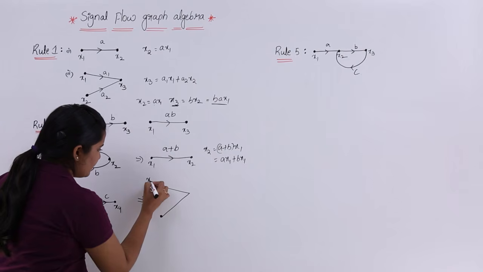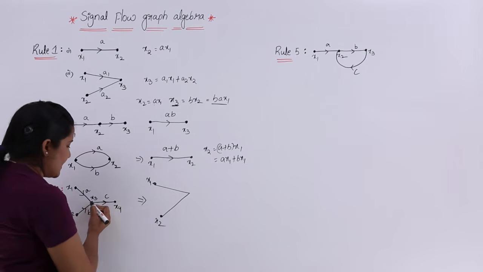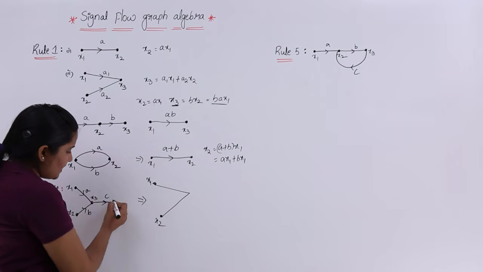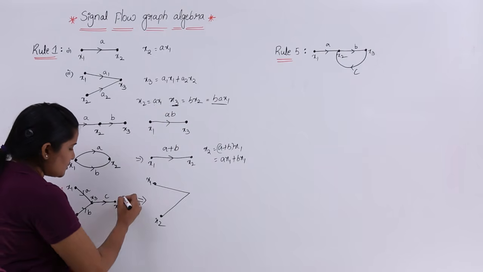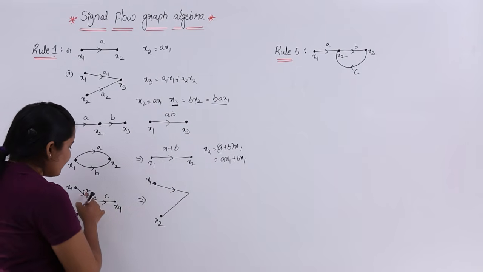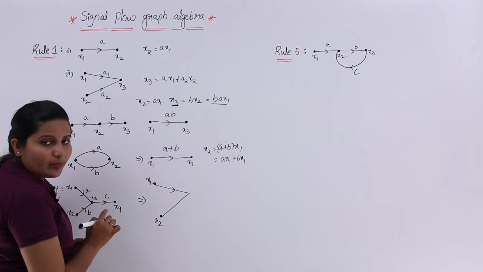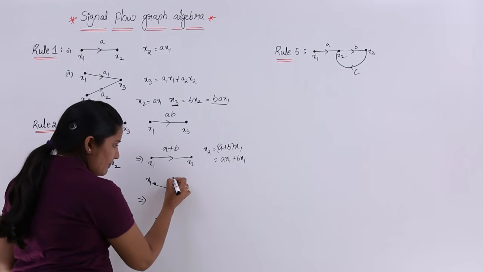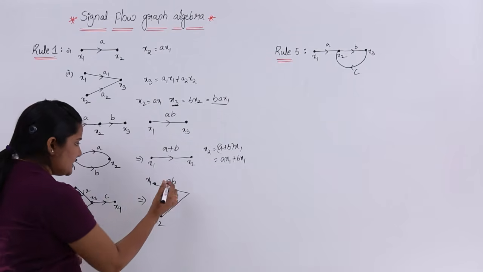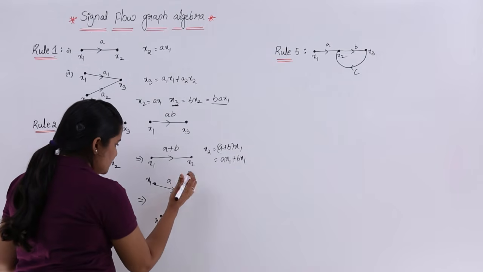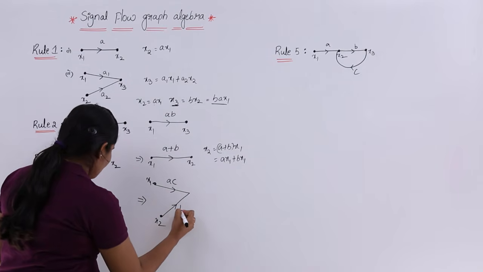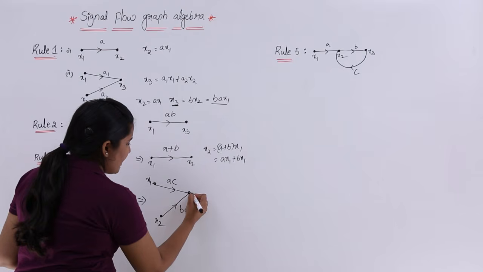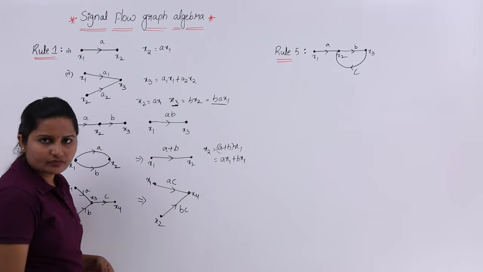So this is x1 and x2. I am not taking the x3 node, I am just taking x1 to x4 and x2 to x4 connections. But whatever the gain in the x3 to x4 path is there, I am multiplying on both sides. So this is AC and BC. So here I am having the x4 node.